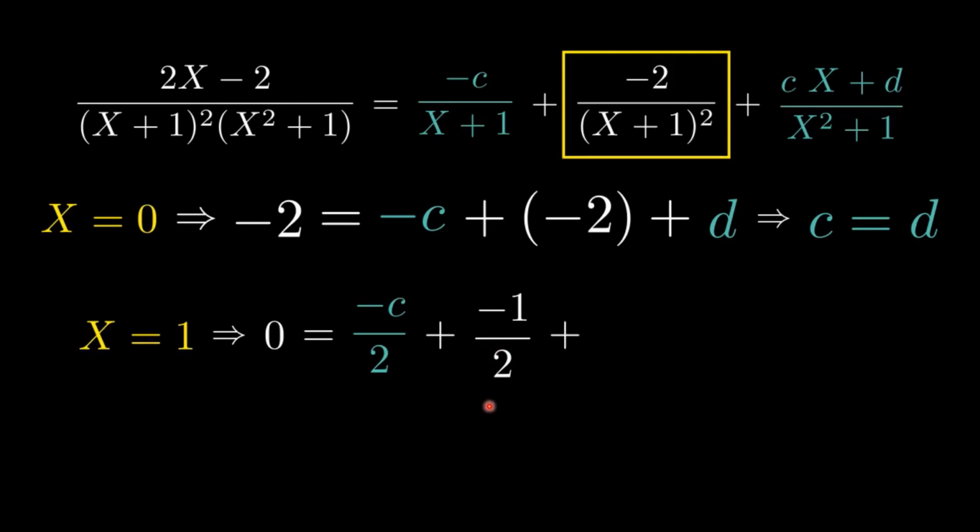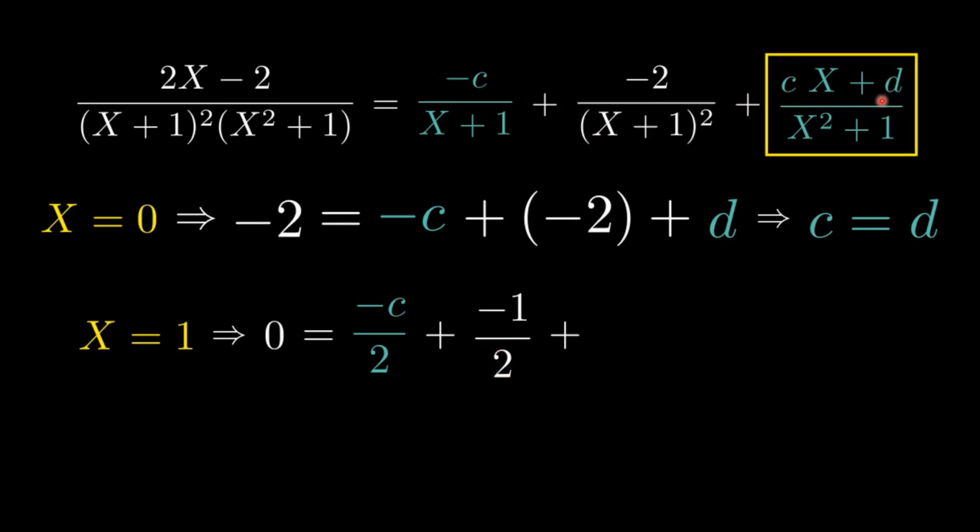So we simplify by 2 here, plus c times 1 plus d over 2. So this gives d equals 1.